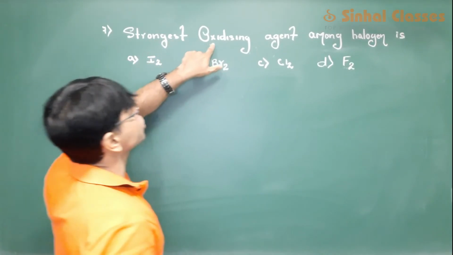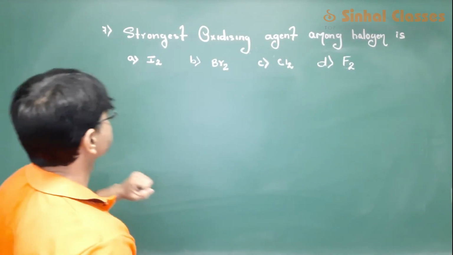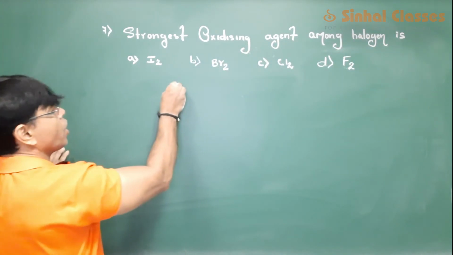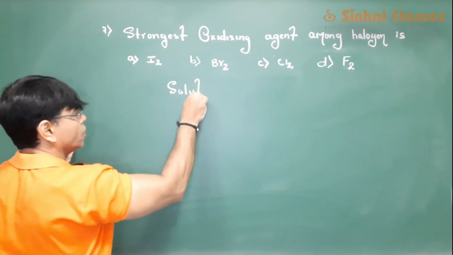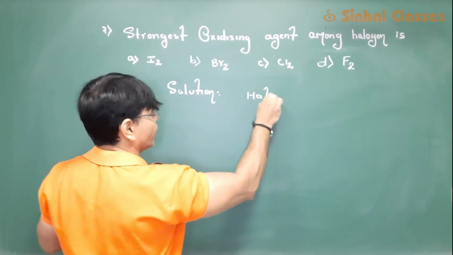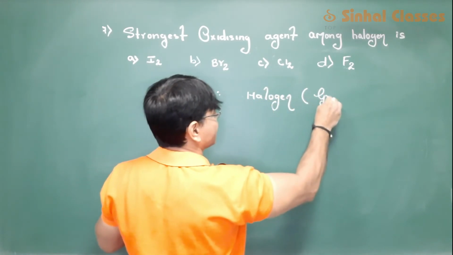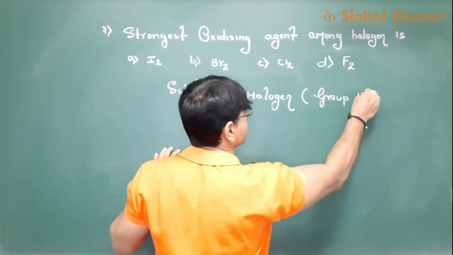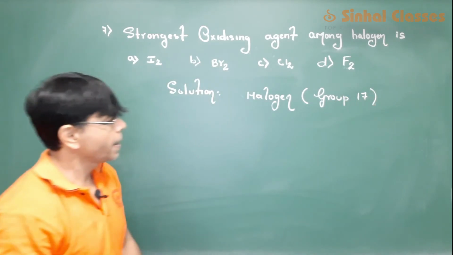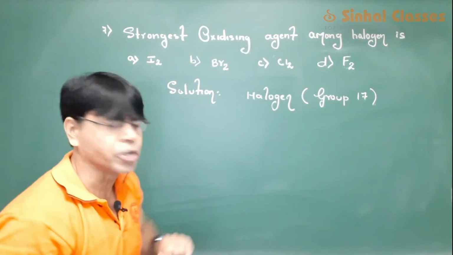The strongest oxidizing agent among halogens is. Now we all know halogens belong to group 17. And they are asking us which is the most powerful oxidizing agent.